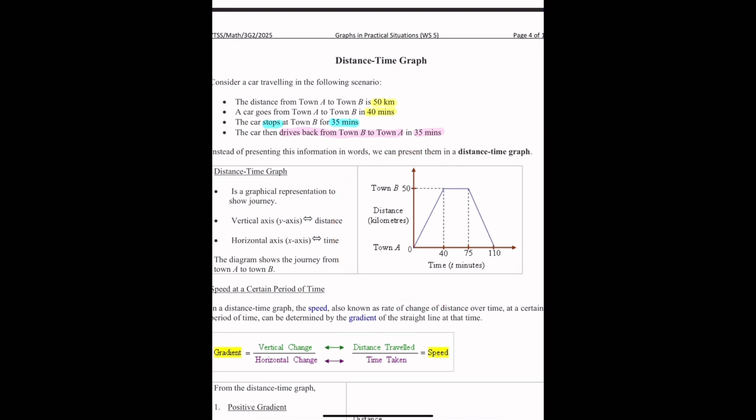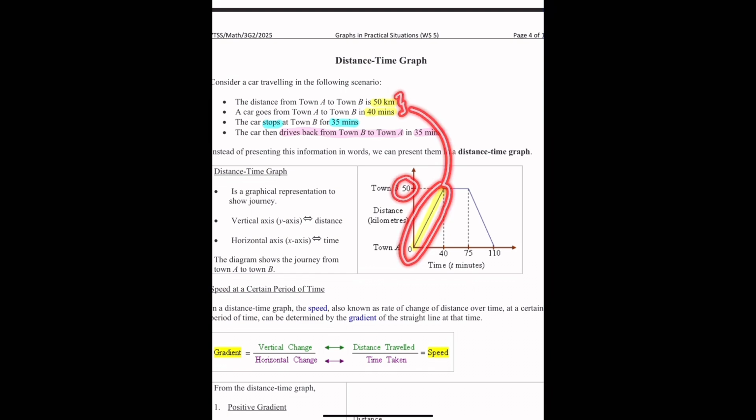Let me highlight to you which bullet point represents which part of the graph. So the distance from town A to town B is 50 kilometers, and the car goes from town A to B in 40 minutes. So let me just highlight this in yellow. So this straight line up actually represents these 2 bullet points, 50 kilometers, 40 minutes.